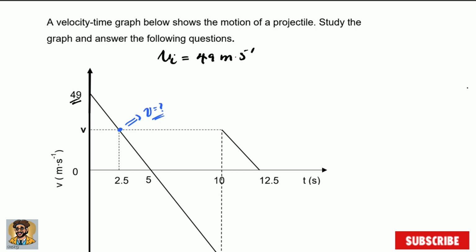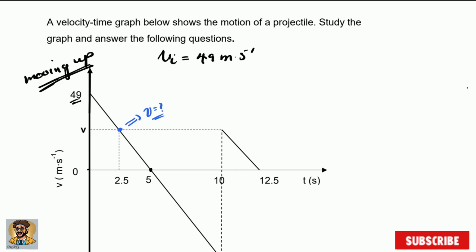As you look at this graph, the object starts at 49 and after 5 seconds it is going to be 0. It means that the object is moving up. That is important. It was thrown up at 49 meters per second.